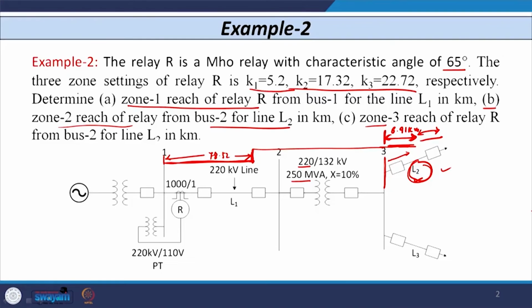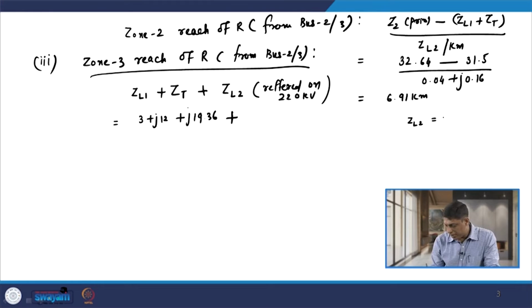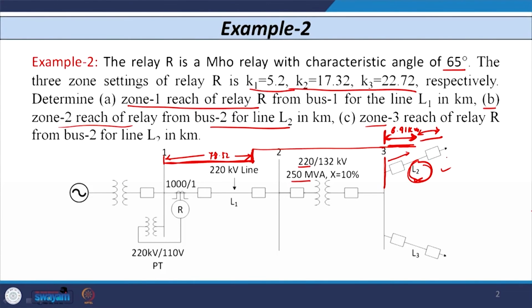If you look at the figure, the line impedance for L2 is given as 0.04 plus j0.16 and its line length is 100 kilometer.